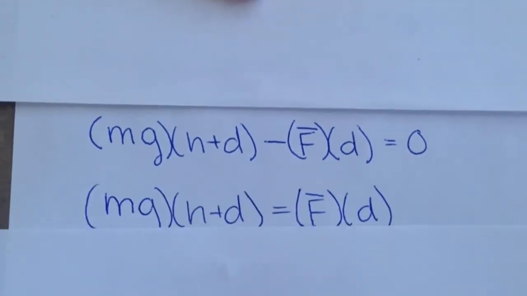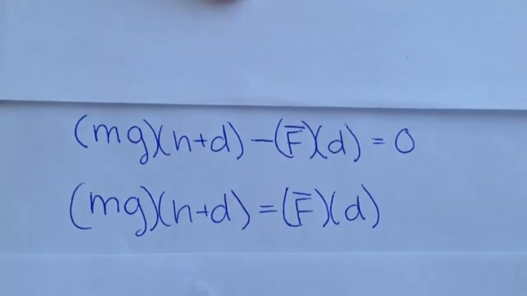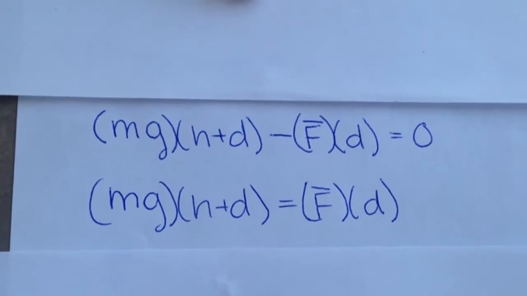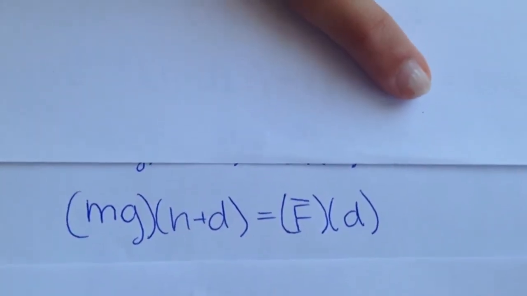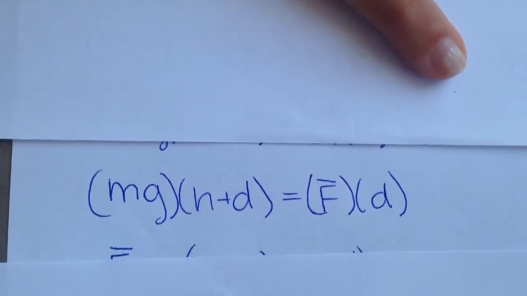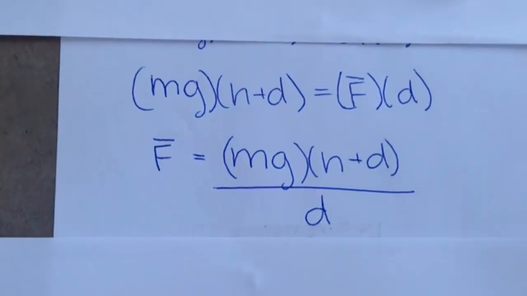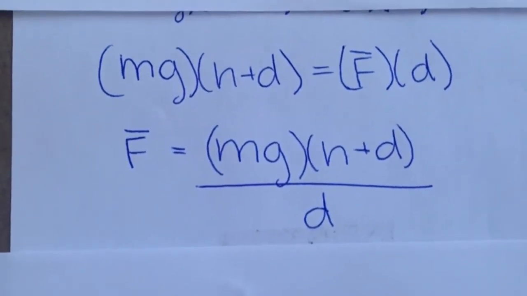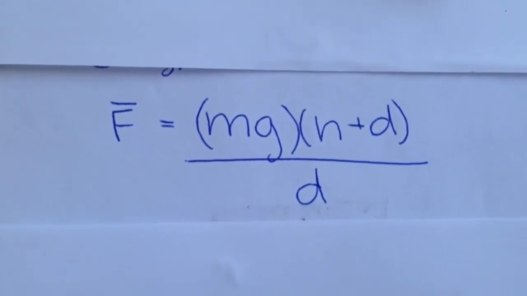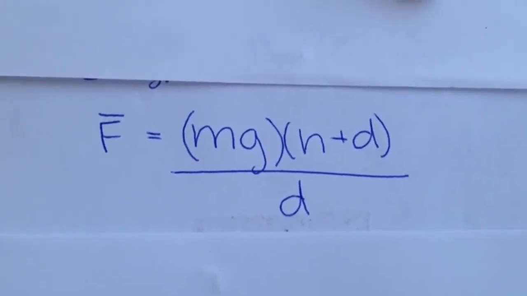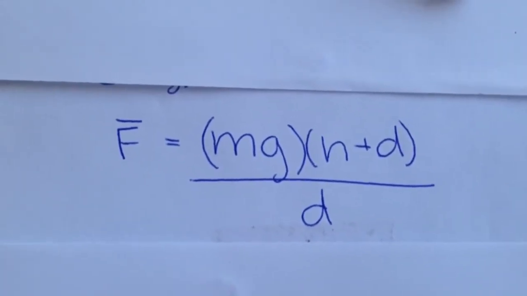We move that to the other side to get mass times gravity times (h plus d) equal to force average times d. So we can simplify this to get force average all alone: force average is equal to mass times gravity times (h plus d) all over d.